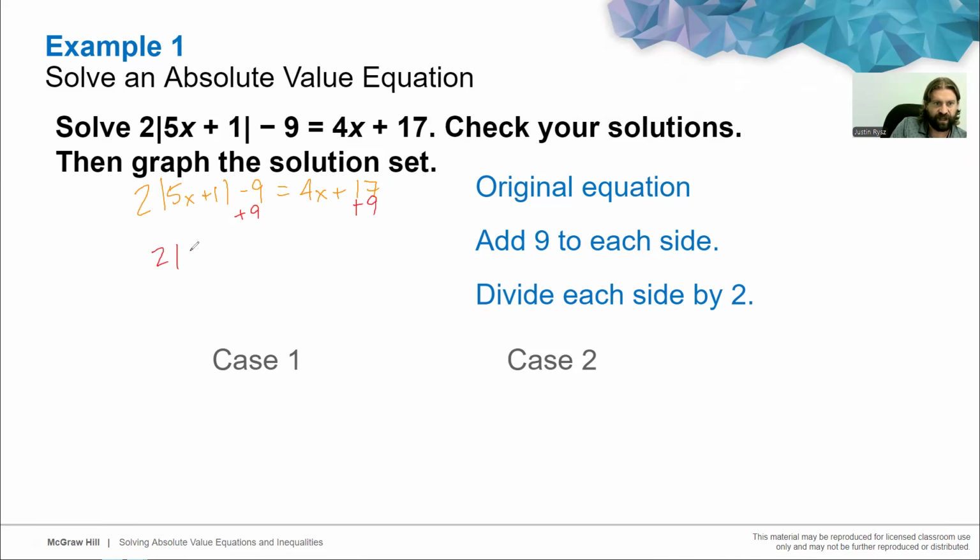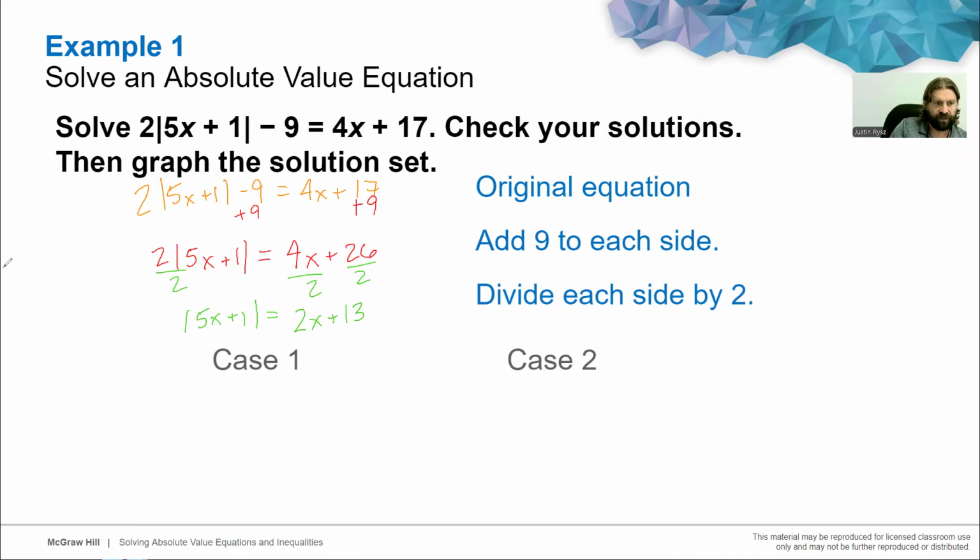We have 2 times the absolute value of 5x plus 1 is equal to 4x plus 26. And then the next step is to divide both sides by 2. We're not going to do anything with the absolute value here, but we are going to divide 4x by 2, that's 2x, and 26 by 2 is 13.